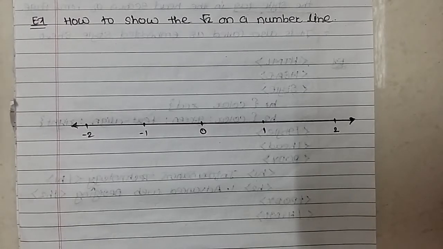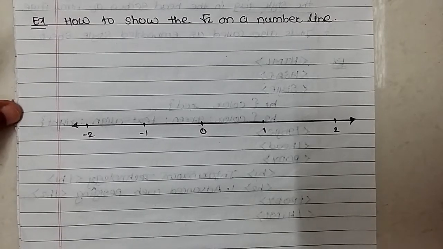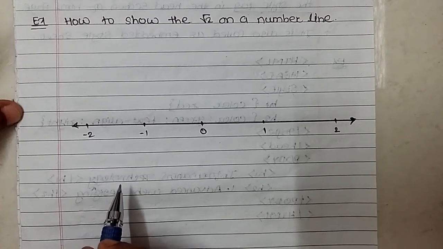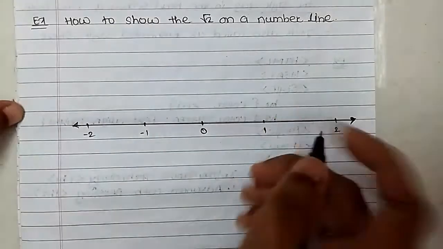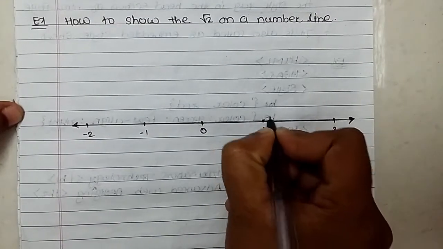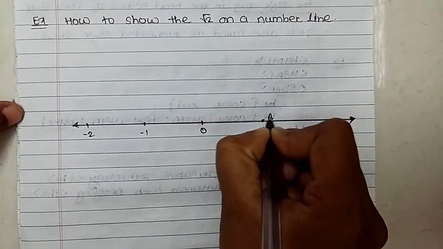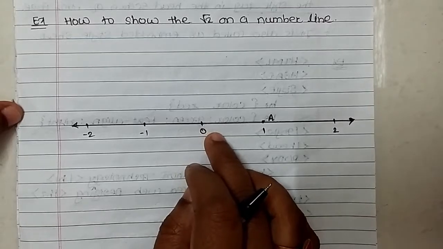Your first step is that on the number line, the point A shows the number 1. Where is point A? This one is point A, which shows the number 1.